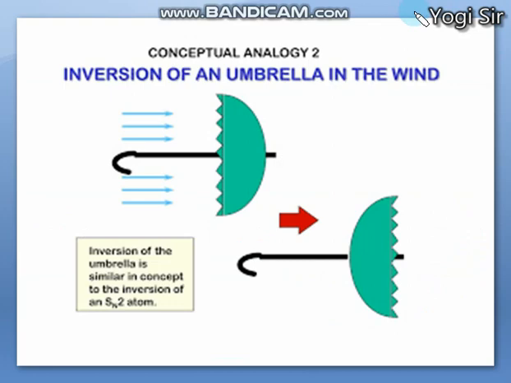Here one conceptual analogy is shown: how the force of the wind will invert an umbrella. You can see the spikes of the umbrella are going away in the opposite direction. So that is inversion of an umbrella due to the force of the wind. It is similar to what I have seen here, that is Walden's inversion.